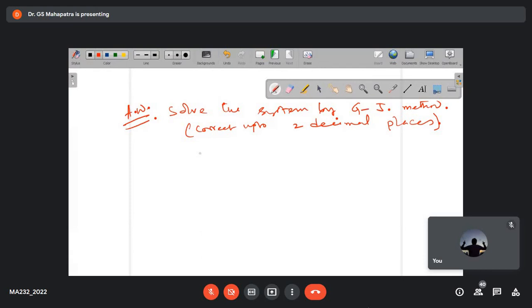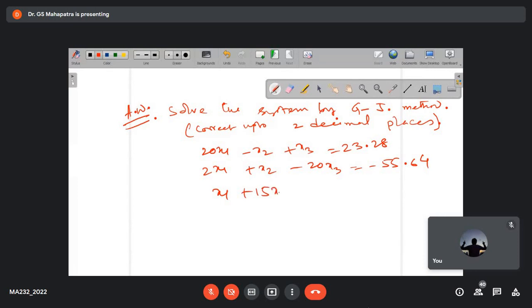Here also the initial approximation is not given. 20x1 minus x2 plus x3 equals 23.28. 2x1 plus x2 minus 20x3 equals minus 55.64. Next, x1 plus 15x2 minus x3 equals 29.92.